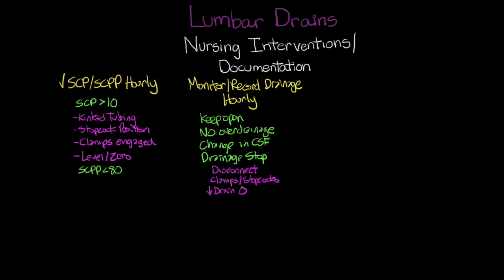Next, if none of this is still working, there may be a clot within the lumbar drain catheter that's causing the issue. If that's the case, then you can aspirate no more than 2 mLs of CSF.